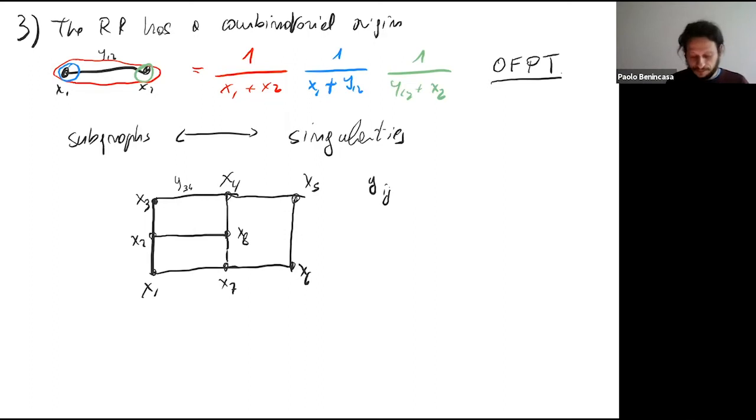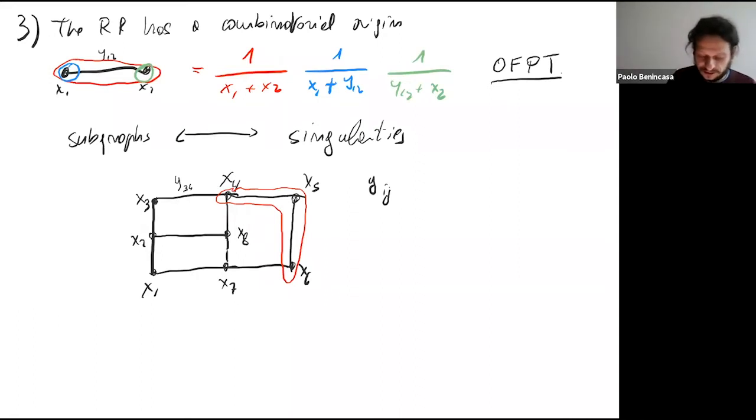So, for example, we want to know where the singularities are, without having to write down the full answer. We can say, okay, let's see what all the possible subgraphs are. If I take this one, this is a possible subgraph.